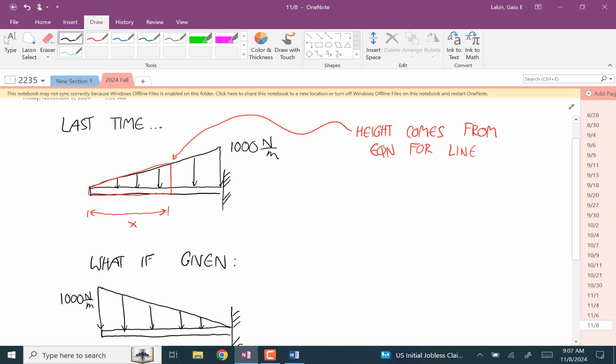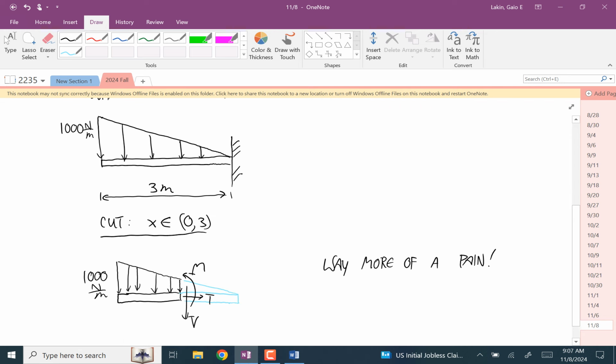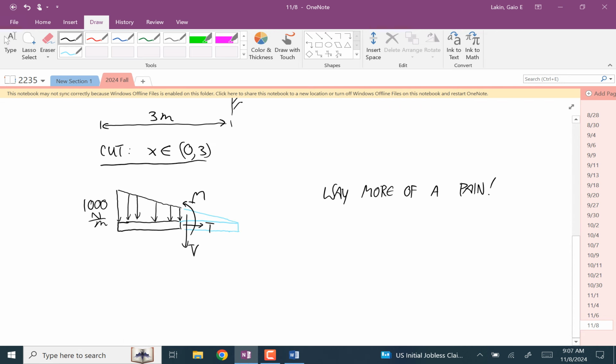When it's facing the other direction like this, and we're cutting off the point of the triangle instead of the high point of the triangle, we make that shape a trapezoid. So the leftover distributed load shape is a trapezoid.